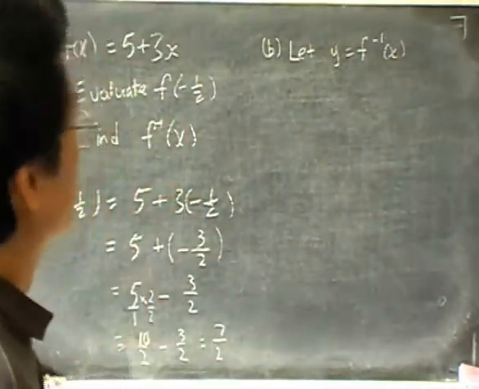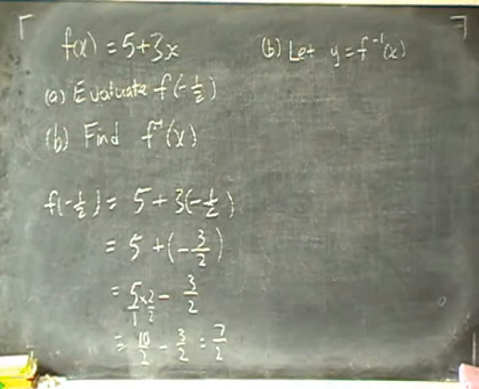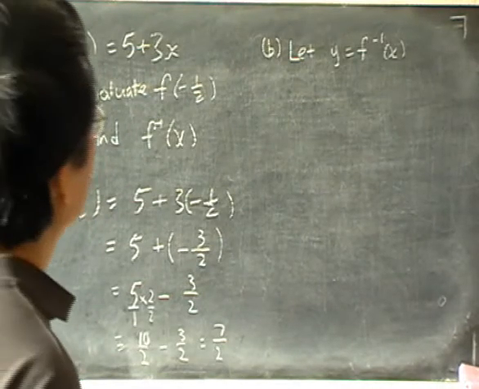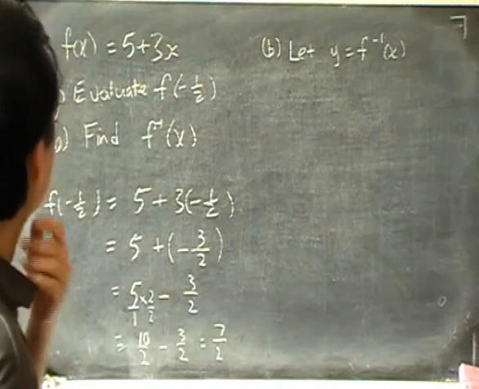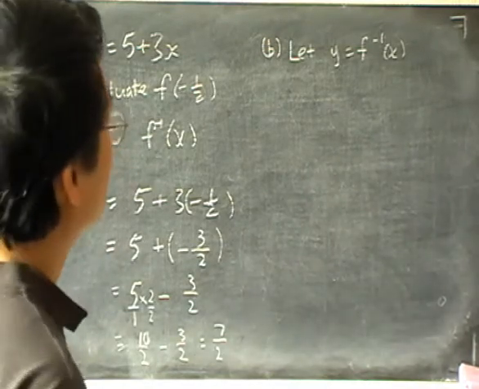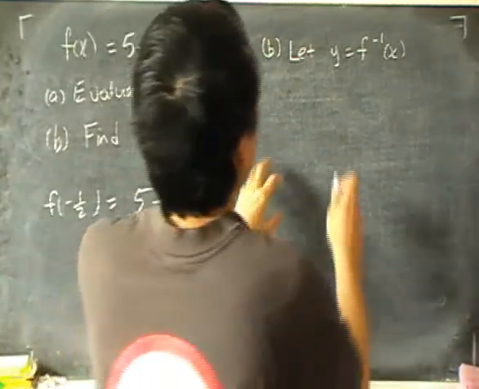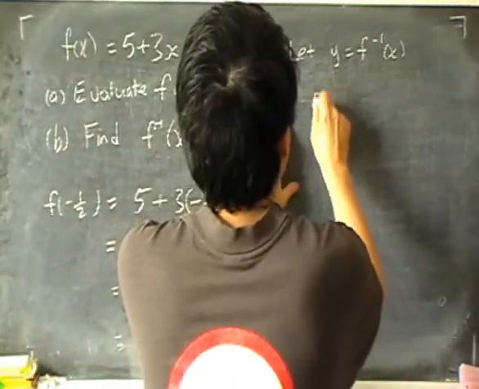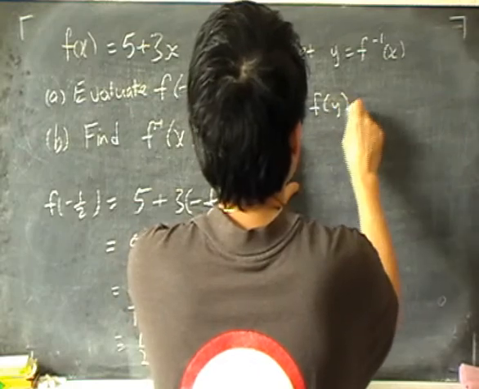So y is just a letter, just let it be that. Now in the next step, I can say that f of y is equal to x.